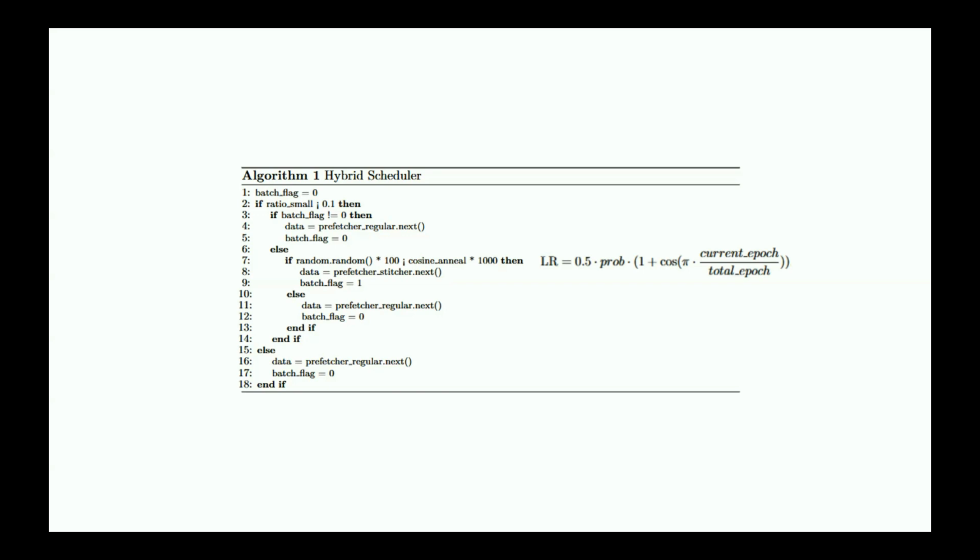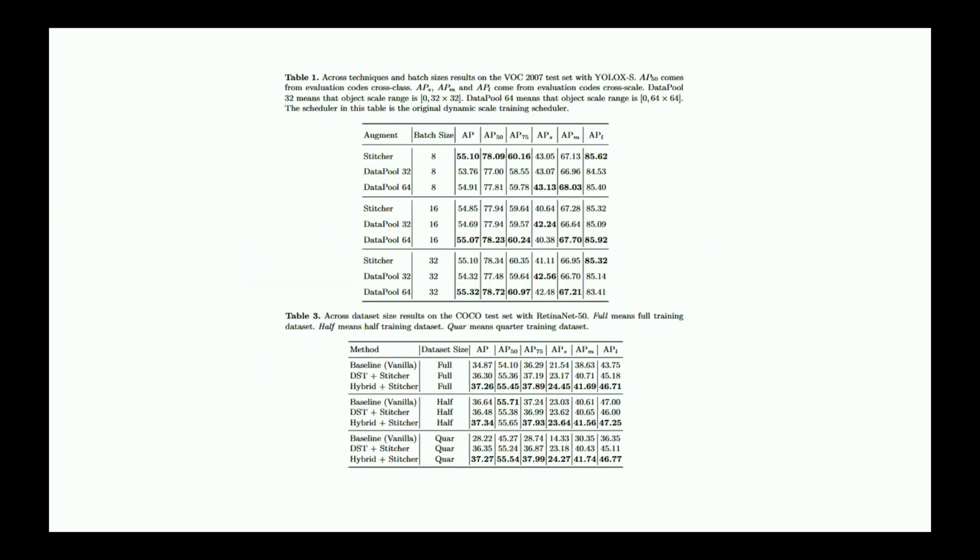And here are the experiment results. Table 1 is for data pool. We can observe that when the object range is 0 to 64 times 64 and the batch size is 32, we have the best performance.